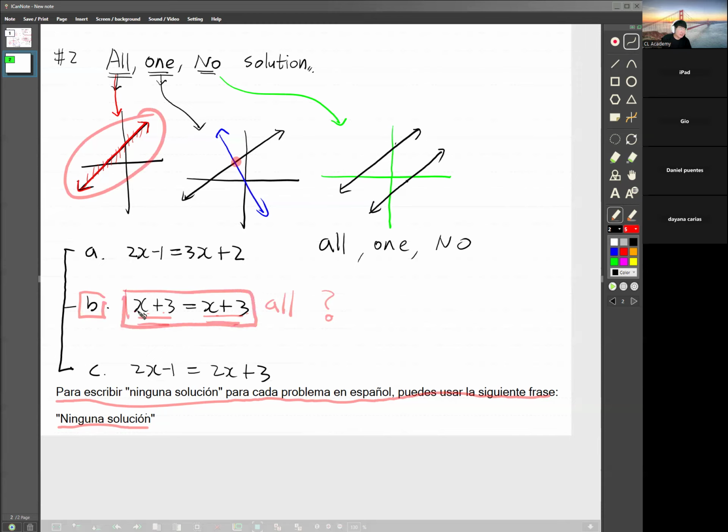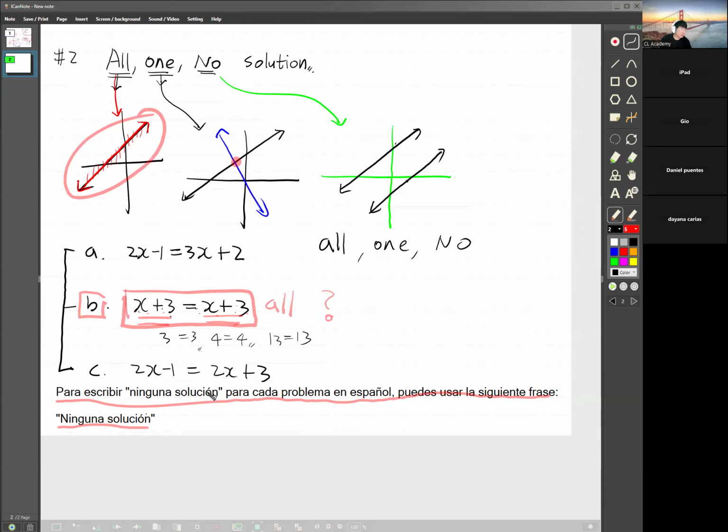For example, x equals 0, then 3 equals 3, which is true. When x equals 1, 1 plus 3 is 4, 4 equals 4, also true. When x equals 10, 13 equals 13, also true. Which implies that whatever x value you choose will always be true.